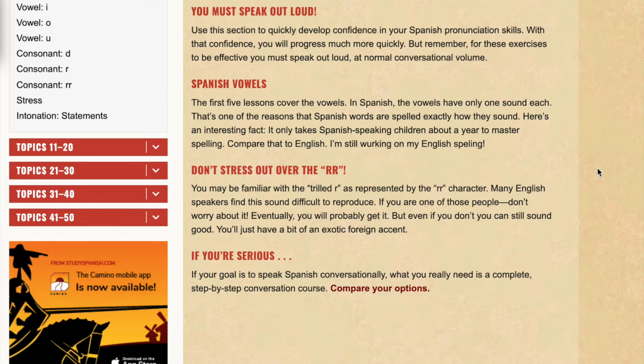And coming to the last point, it says that if your goal is to speak Spanish conversationally, what you really need is a complete step-by-step conversation course. But I think that is something we need to look at later, because now it's more about getting to the vocabulary, the basics, right?